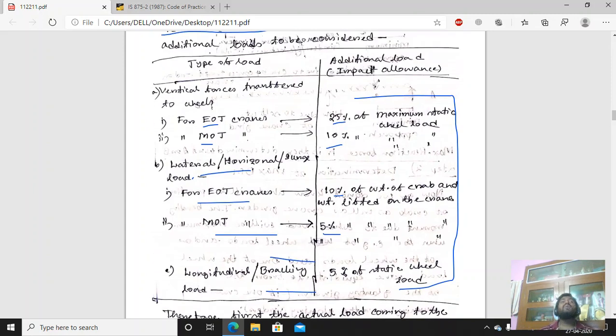So when we are calculating the total load coming to the wheel, vertical as well as horizontal, we have to consider this allowance also. We have to sum up this allowance plus the actual load. So please remember, when we are doing the math, we will take that effect also.